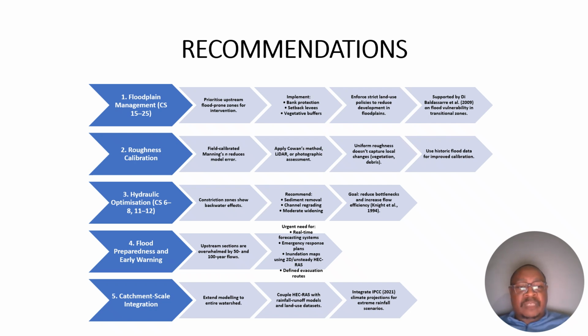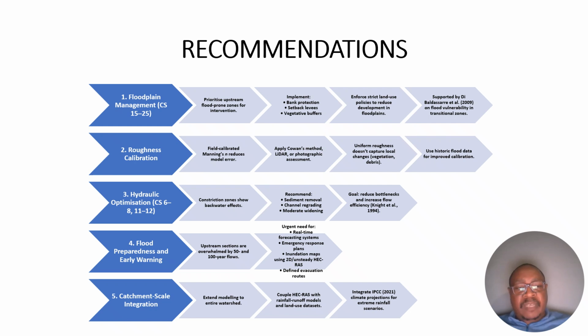4, in terms of the hydraulic optimization, that is between cross sections 6, 8, 12, and 11, constricted zone below the backflow effect. In terms of the recommendations on the hydraulics, that is sediment removal, channel regrading, and moderate widening of the channel.